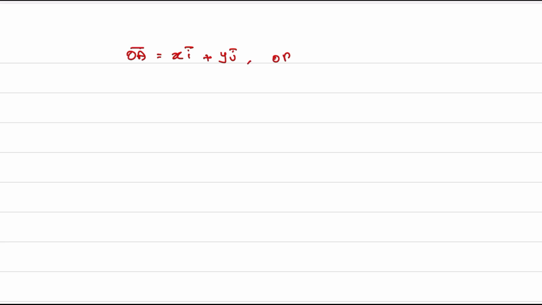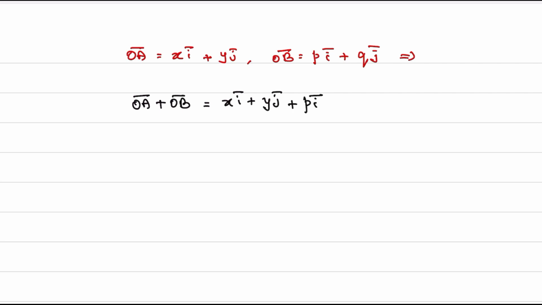If vector OB is equal to P into i bar plus Q into j bar, means vector OA plus vector OB is equal to x into i bar plus y into j bar plus P into i bar plus Q into j bar.